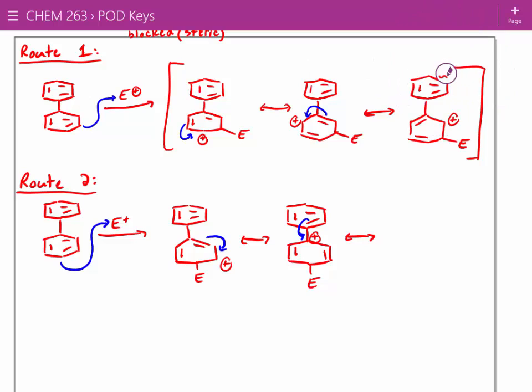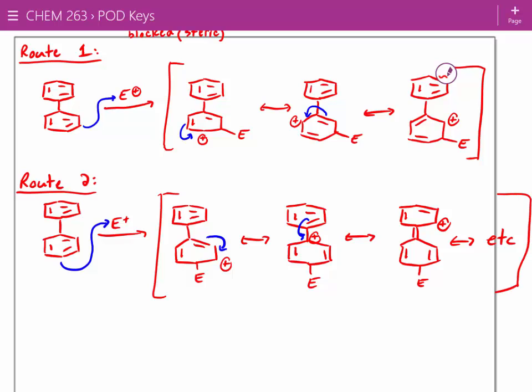And we can show quite a few different resonance structures. I'm just going to only draw this one for time's sake. But the key difference is that for route 2 versus route 1, route 2 we can delocalize across multiple rings. So route 2 is going to be much, much more favorable because we have the more stable intermediate.